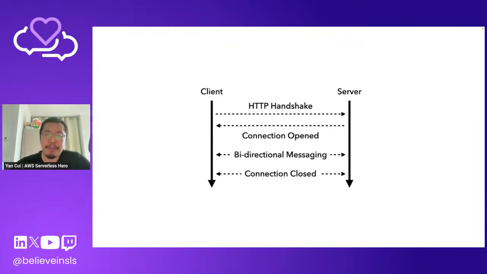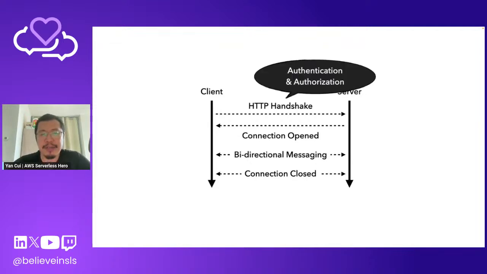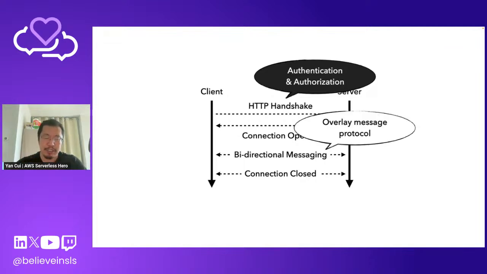In terms of the most important things you want to do for security, when someone initiates the handshake, you want to do authentication and authorization to make sure that only valid users that are logged into your system are able to connect to your backend via WebSockets. And the important thing to consider, and we're going to talk more about this a bit later on, is that once you have this connection, you can send messages in both directions, but there's no protocol to what you send.